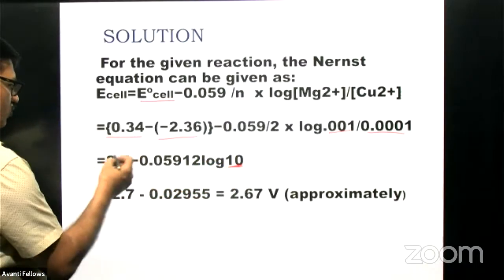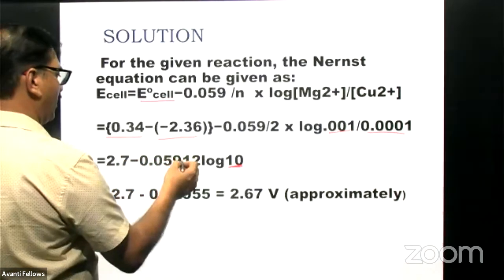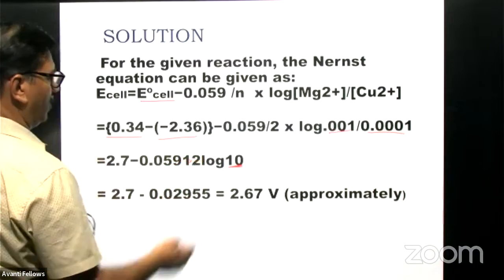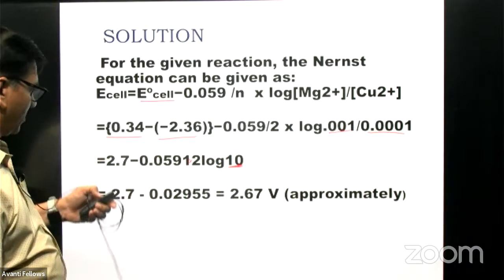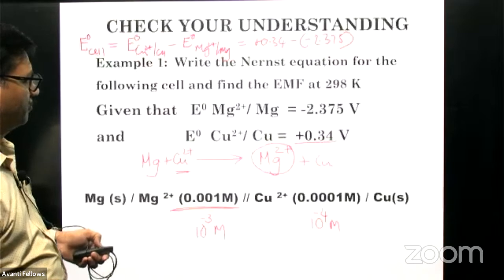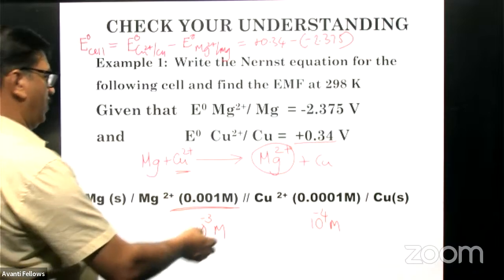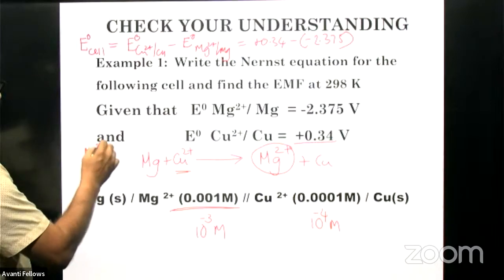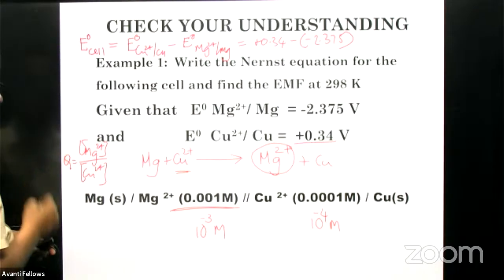So 2.7 minus 0.059 by 2 log 10. Let me just check that. Right. So the concentration terms: this is the Mg2 plus ion concentration divided by the copper 2 plus ion concentration. This is Q, the reaction quotient.